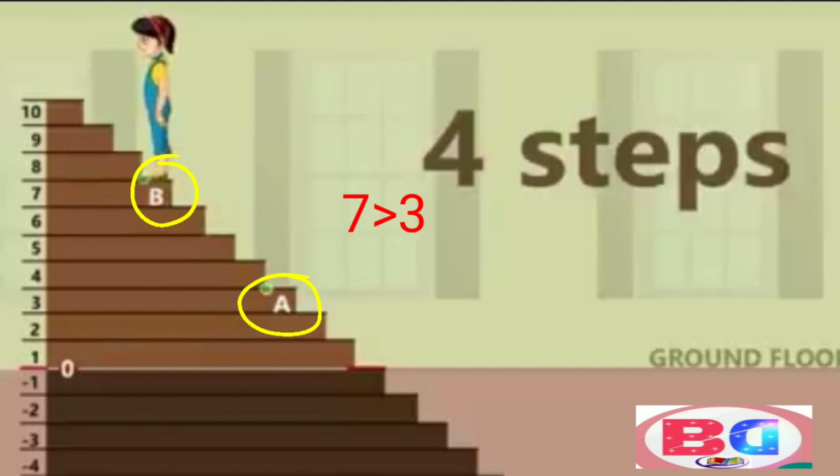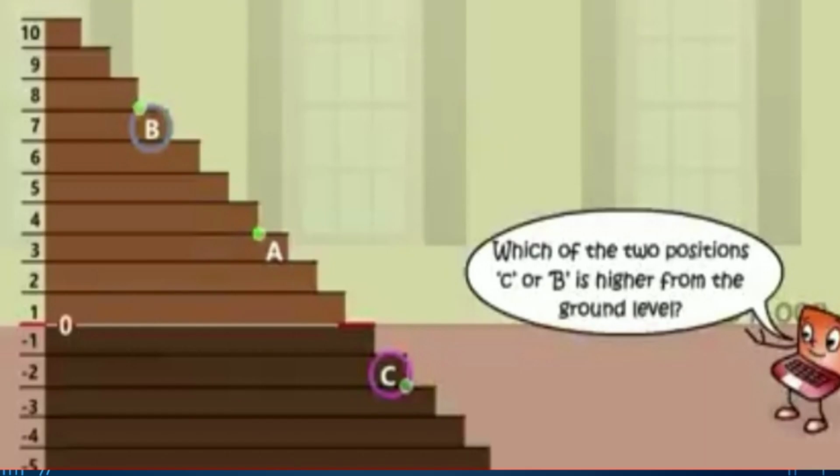The integer which lies to the right of the given integer will be greater. Now for comparison, observe that Sita moves from the ground level downside to position C. Which of the two positions, C or B, is higher from the ground level?